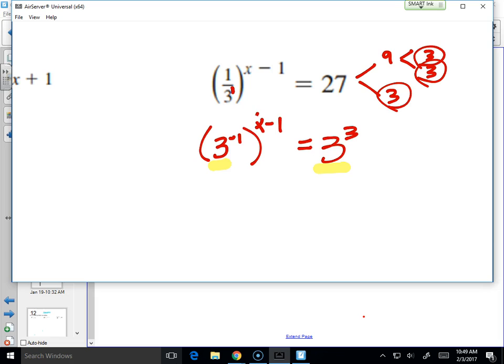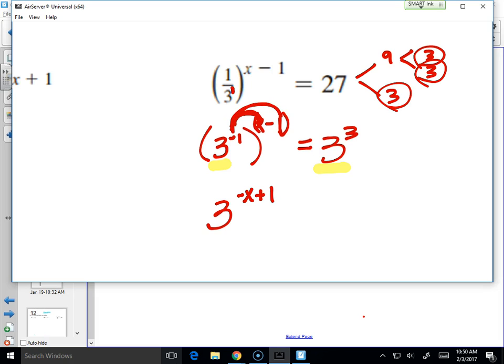Now I still have to be careful, power to a power, right? The x minus 1 makes it so I can't go into that 1/3 example. I wish I could, but he's stuck because he has the x minus 1 power. So now I have this negative 1 I'm going to distribute. What's negative 1 times x? Negative x. What's negative 1 times negative 1?